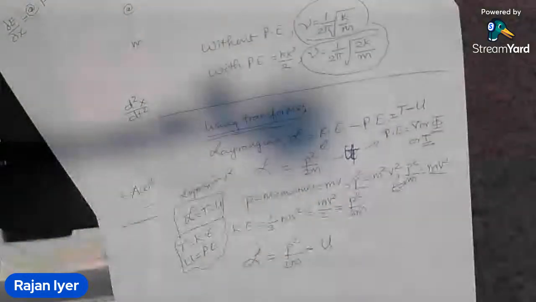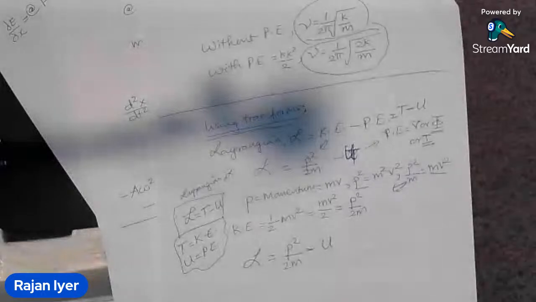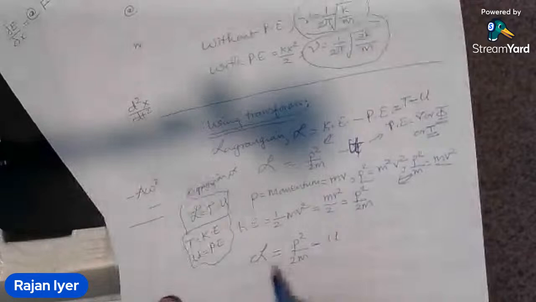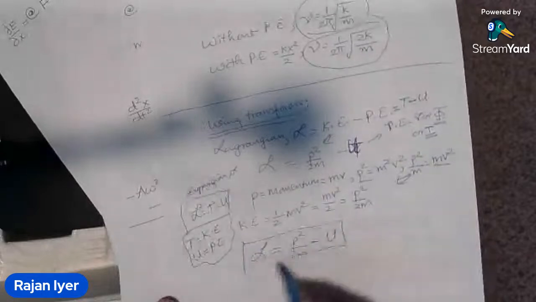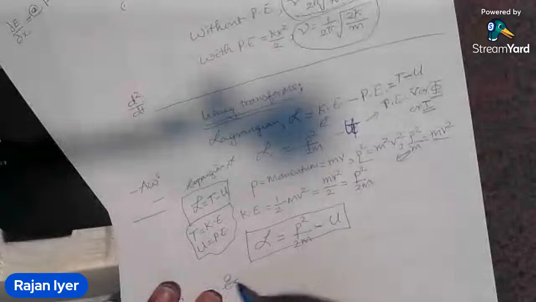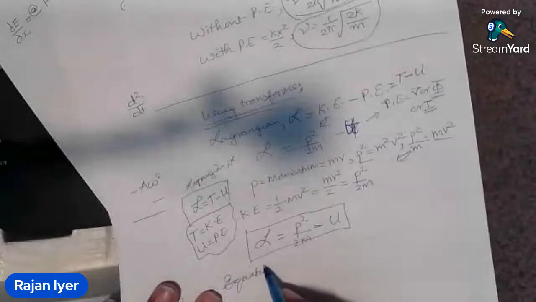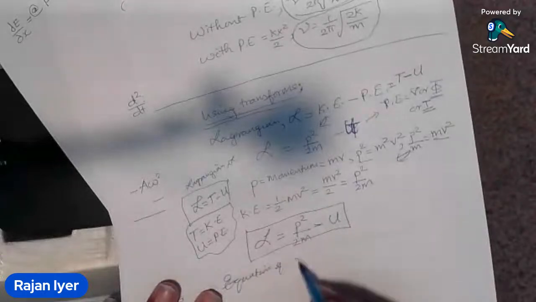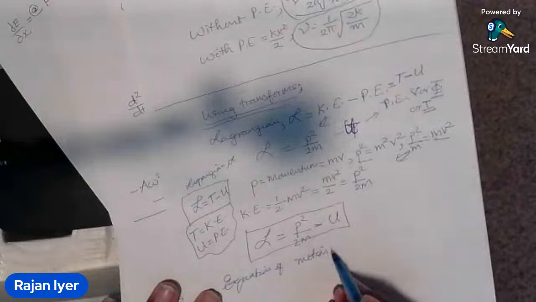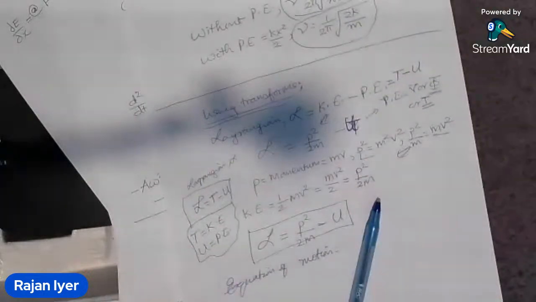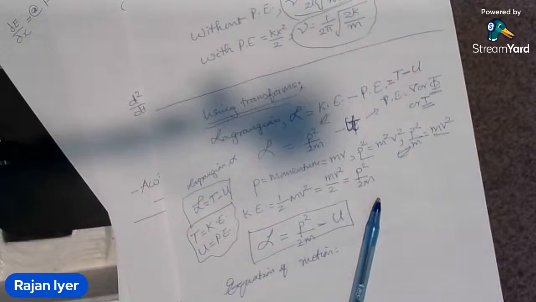So this is a normal Lagrangian, this is a Lagrange equation. Now I have the equation of motion with the Lagrangian.